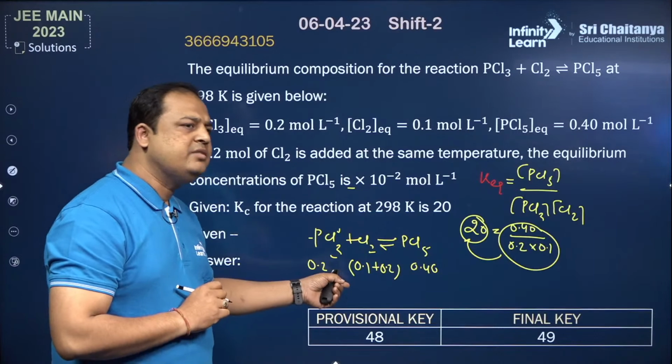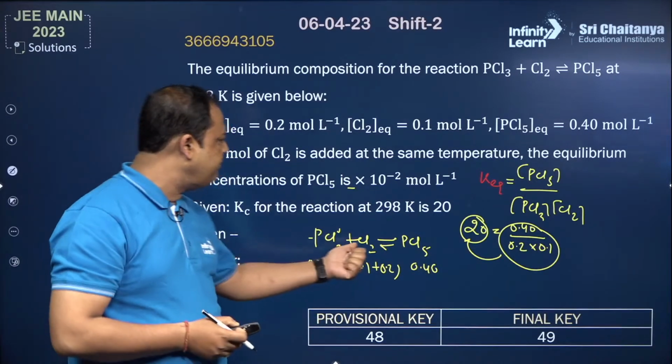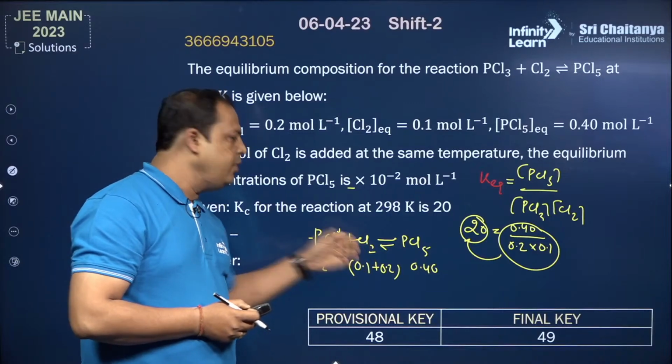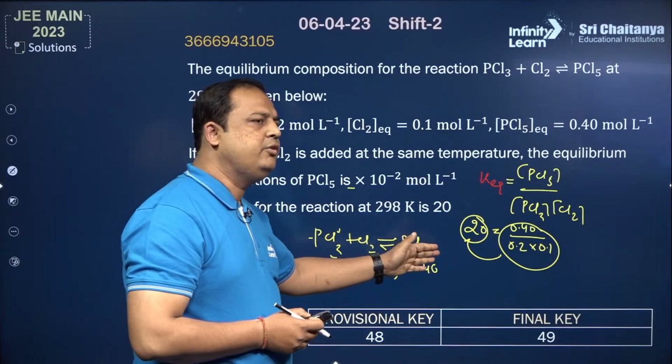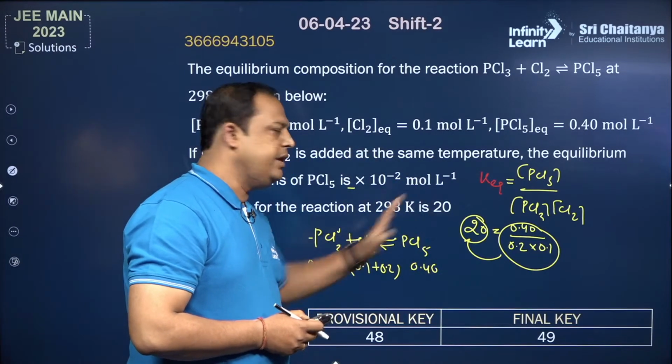This will not be the concentration at equilibrium. If the degree of dissociation is x, once you have added Cl2, the equilibrium will shift forward according to Le Chatelier's principle, so that the equilibrium constant remains 20.